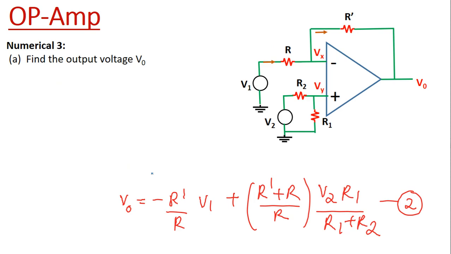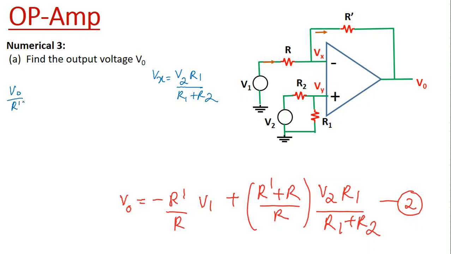What was Vx? We have Vx is equal to V2 R1 divided by R1 plus R2. So from the equation of Vx, we put in the above equation of Vo by R dash.